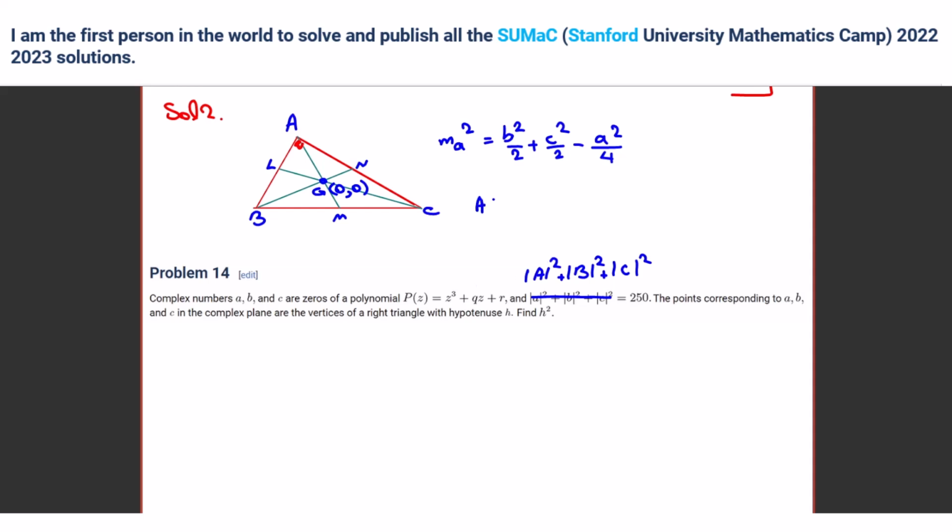Do you agree this squared is AG squared? Oh, yeah. It's 250, right? Yeah. And AG is what fraction of MA? 2/3. Yes, so now use these formulas to simplify this and find the relationship in terms of ABC, okay? Okay.